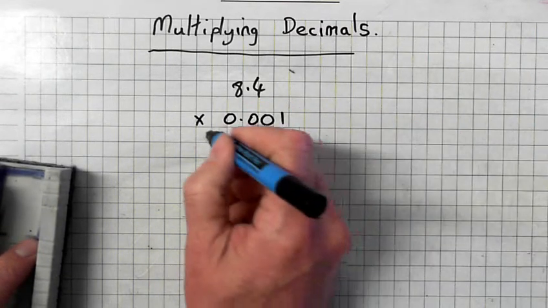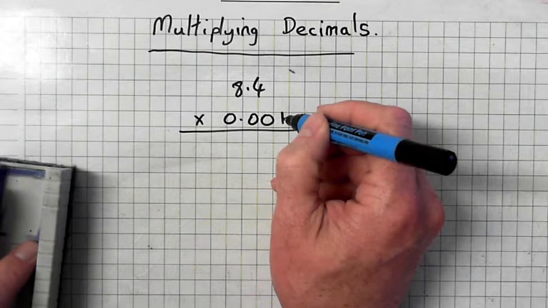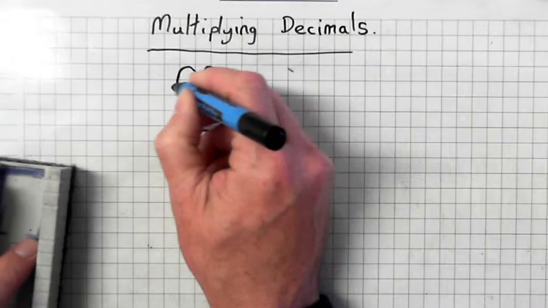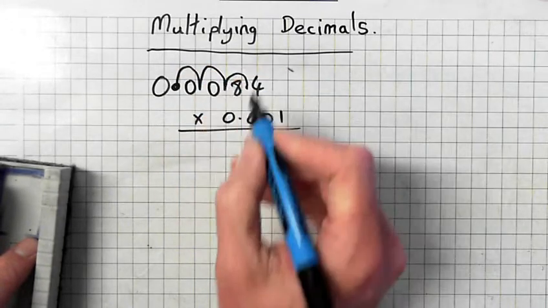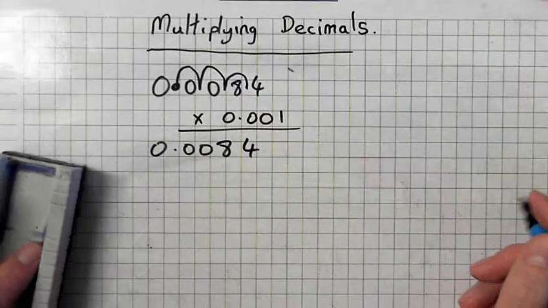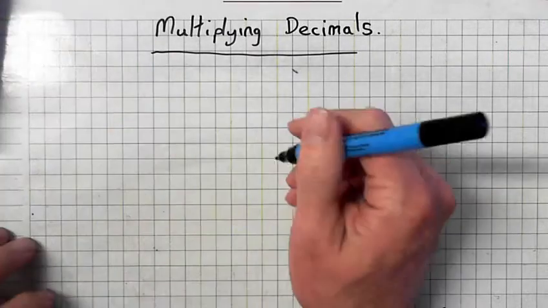How many zeros do you see in this decimal? 3. Okay. 0.00, 1, 2, 3. The answer is 0.0084.